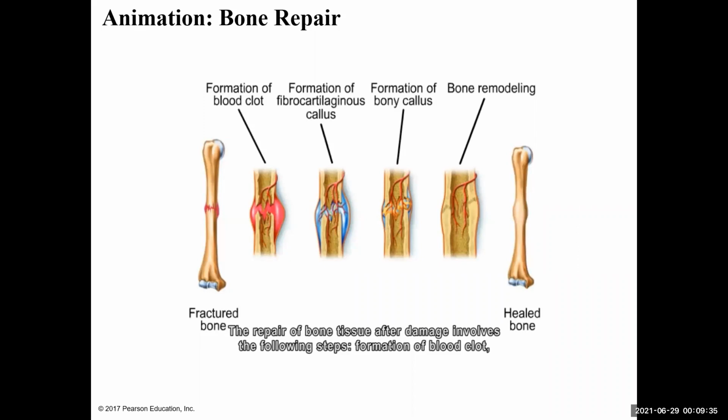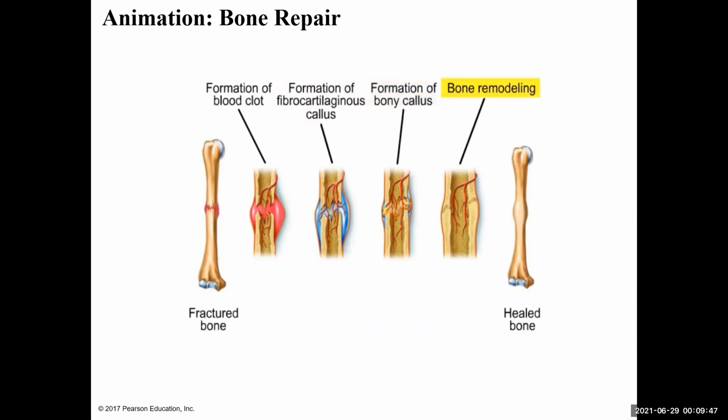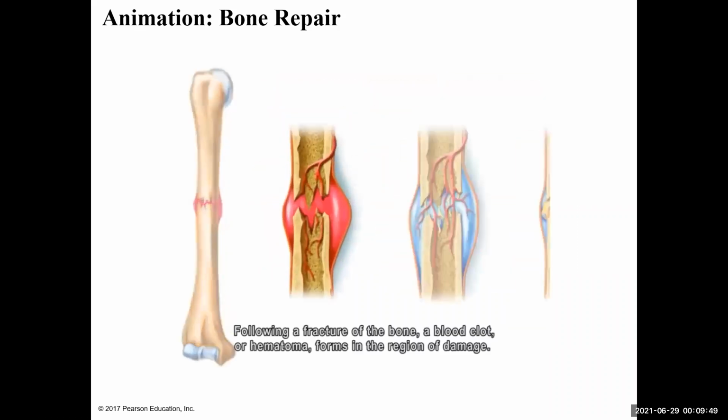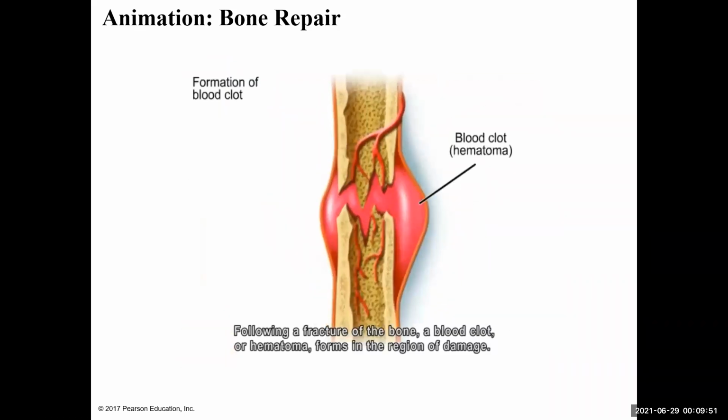The repair of bone tissue after damage involves the following steps: formation of blood clot, formation of fibrocartilaginous callus, formation of bony callus, and bone remodeling. Following a fracture of the bone, a blood clot or hematoma forms in the region of damage.